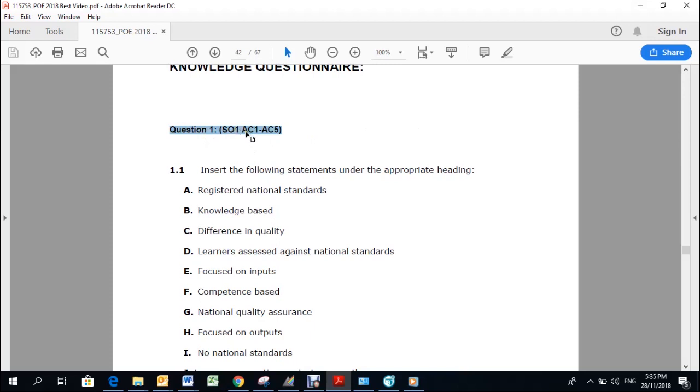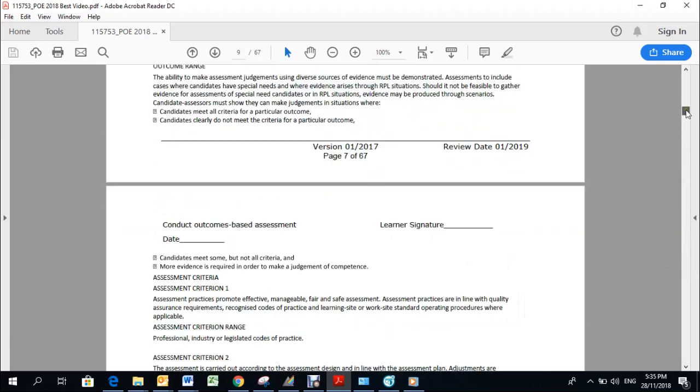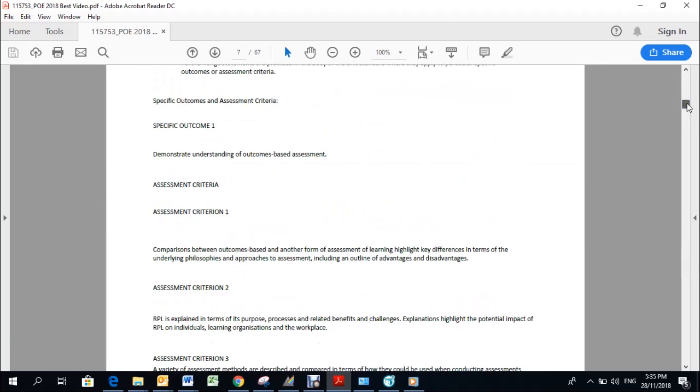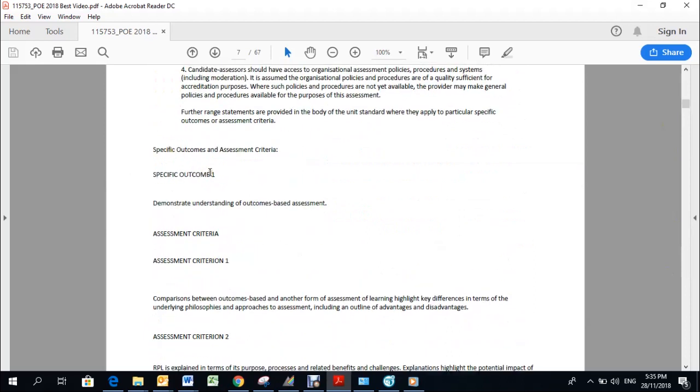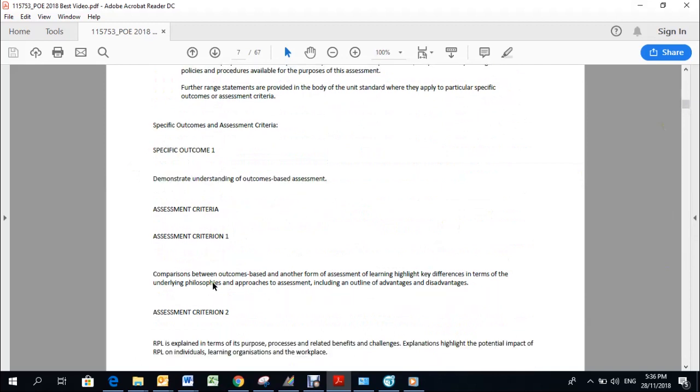We go back to the SAQA document we stated in the first video, where we get specific outcome 1 and assessment criteria 1. I read this earlier on in the first part of the video, and this is what we learned.